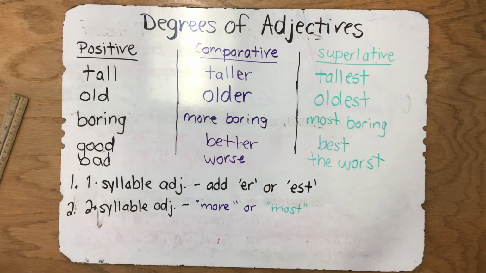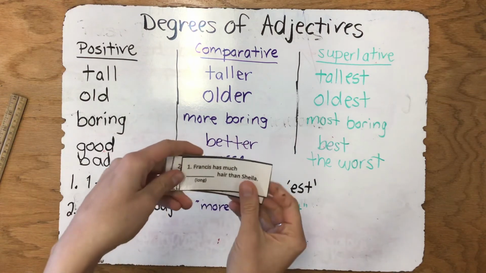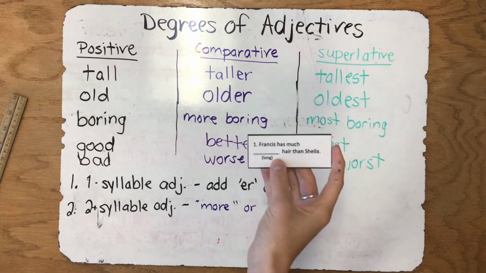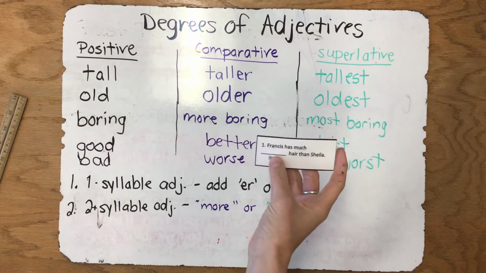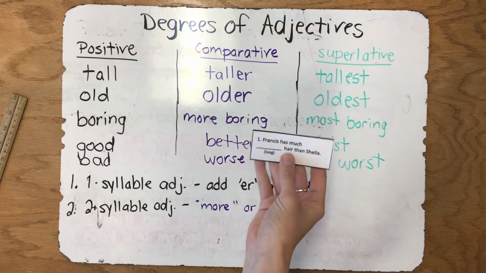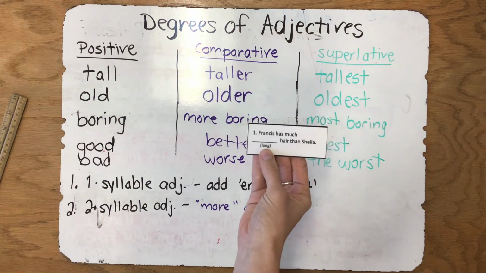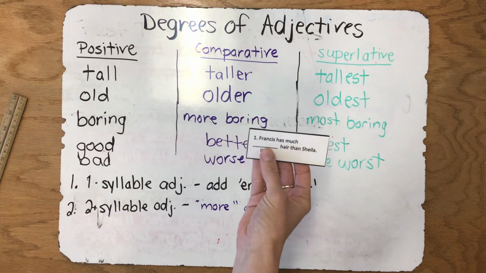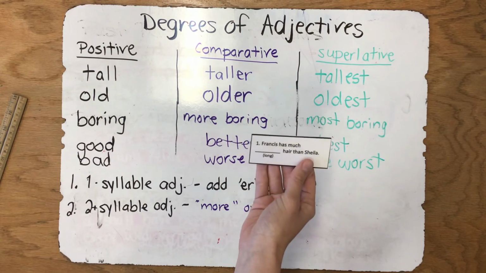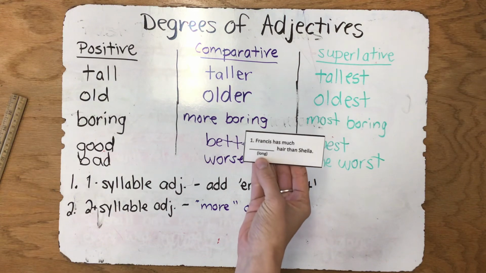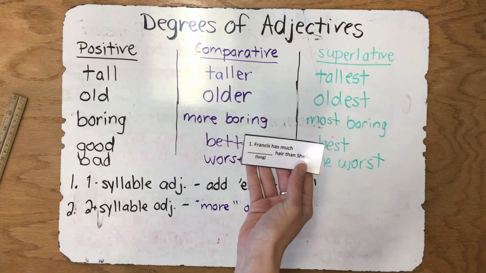On Canvas, you have sentences where they give you the sentence, like Francis has much blank hair than Sheila. And they give you the positive adjective, so in this case it's long. And you need to put in the correct degree of adjective. So here we're comparing Francis and Sheila's hair.